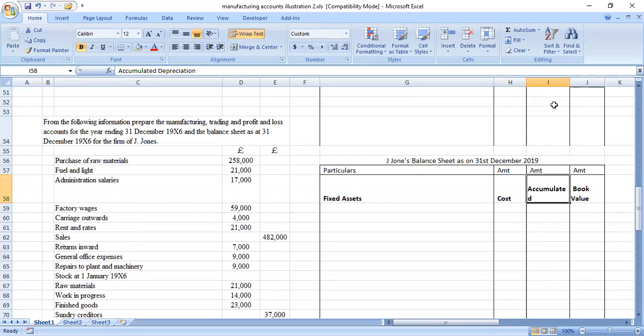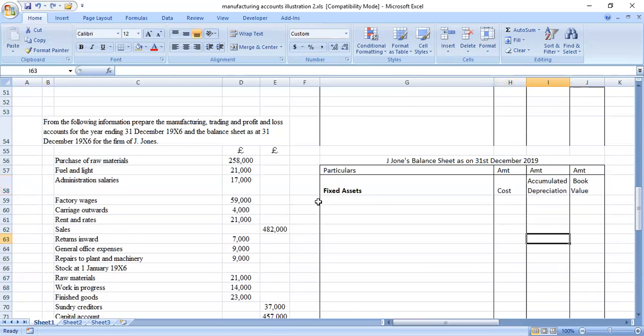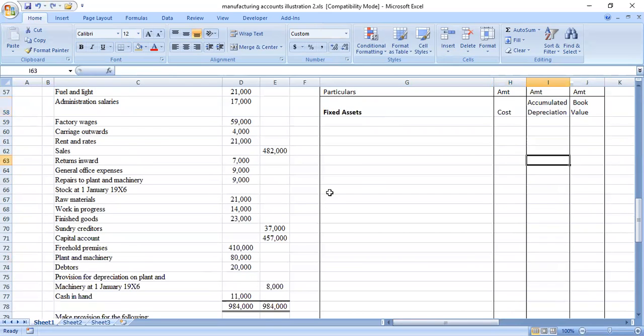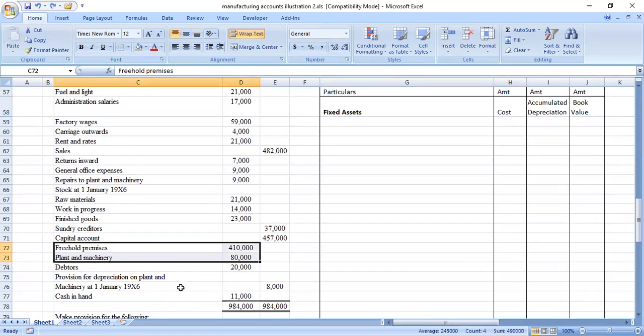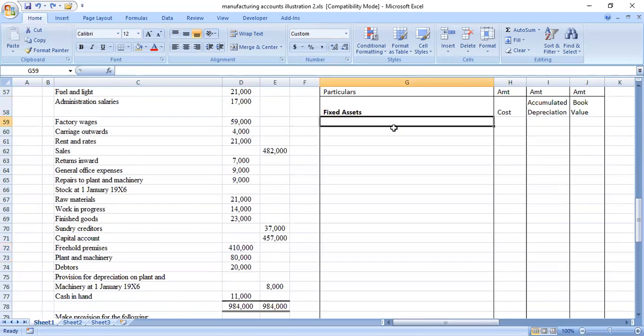So fixed assets ambazo tuko nazo hapa ni gani? We have these two. Freehold premises and plant and machinery. Si unaziona? Yes. So we begin with the freehold.